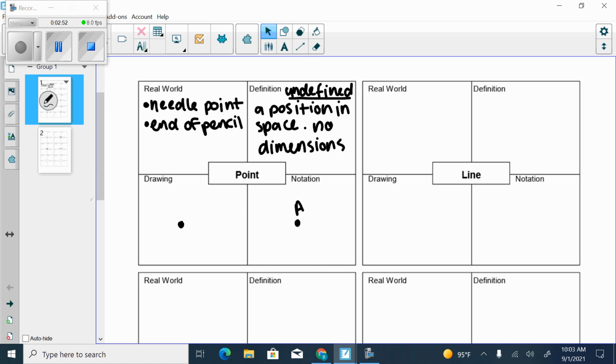Okay, it's got to be straight. All right, so this one is also going to be an undefined term. And like you guys said, it has a straight path. It shouldn't have any curves or turns in it. So, a straight path.